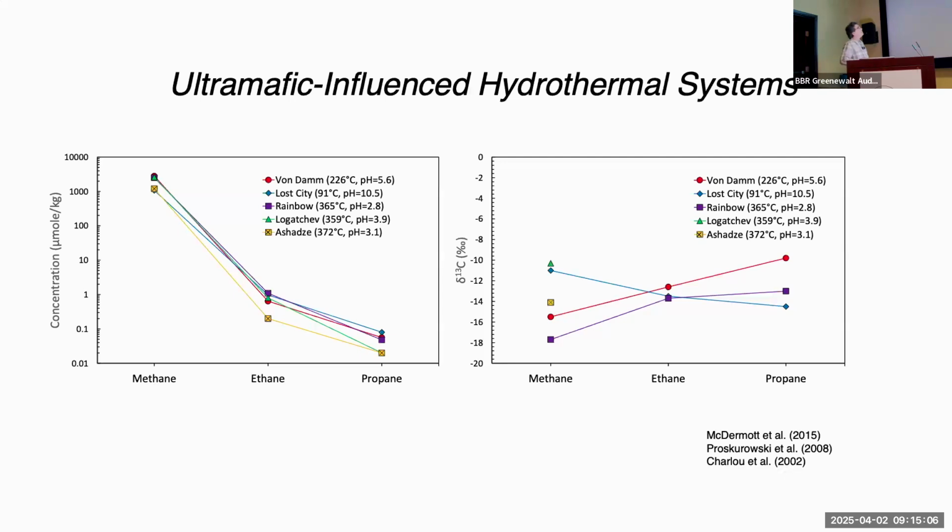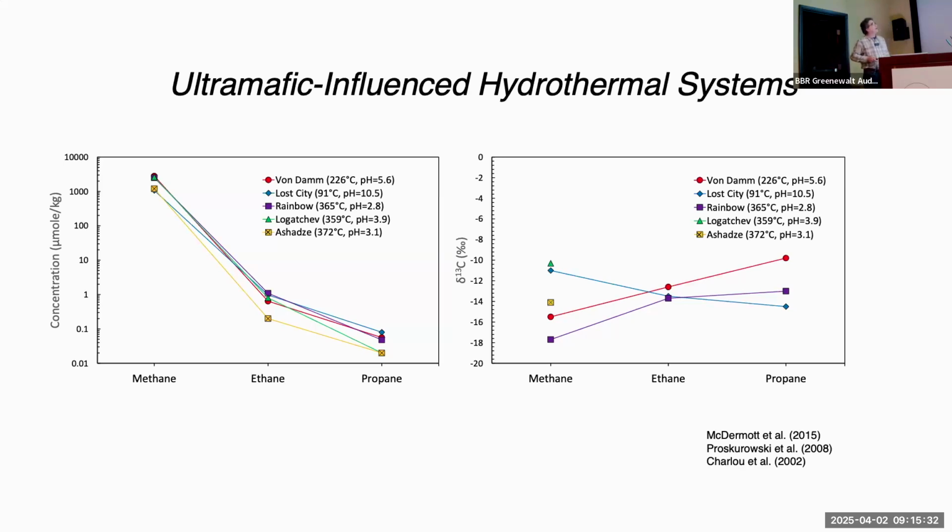We have the Lost City system, a very low temperature system, pH of 10.5. You have high temperature Rainbow, 365 degrees, very acidic. We have the Von Damm system, intermediate temperature, near neutral. Yet you see the same relative abundance, and I realize this is a log scale, but the actual absolute abundance is not that different between all these systems either.